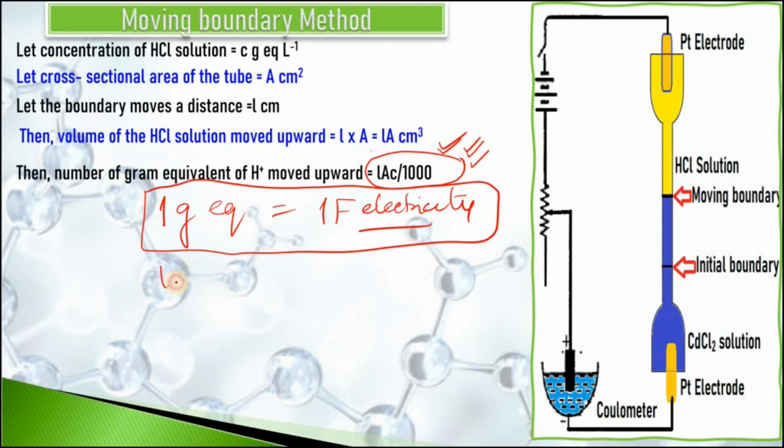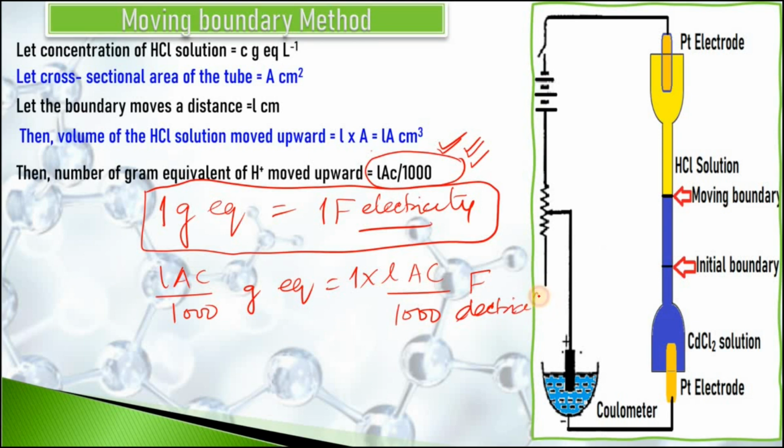So L into A into C upon 1000 gram equivalent will be equal to 1 into L into A into C upon 1000 Faraday of electricity. So this is the charge or electricity carried by these many gram equivalents of hydrogen ions.